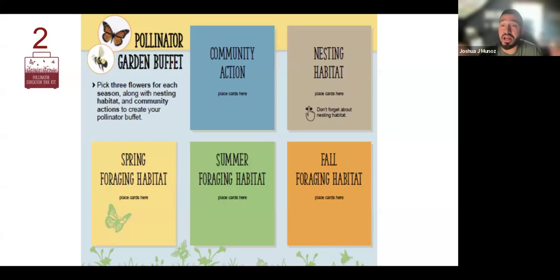You can help with flowers. You could plant flowers. You could do community action. You could talk to your family and parents about habitat, and how sometimes keeping stems in your yard is good for bugs and pollinators.